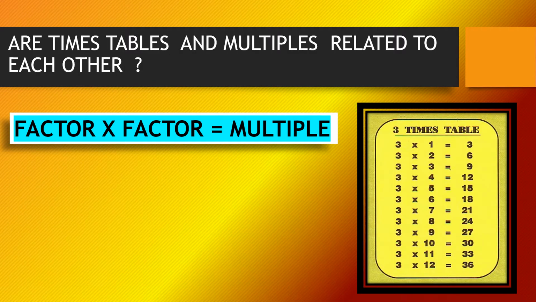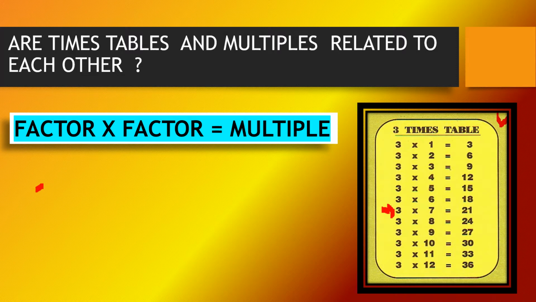And here is one very interesting fact: the times tables that you have learned by heart give us multiples. As you know, factor into factor is equal to multiple. So here I have written a times table for you, and this is a table of 3. Let's take one multiplication and write it over here neatly.